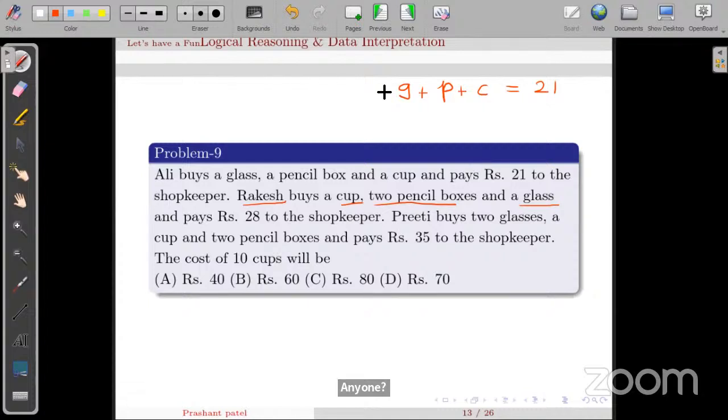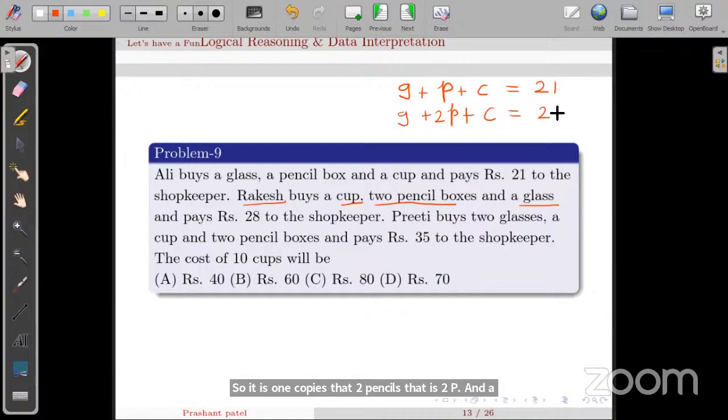C plus 2P plus G. Very good. So one cup is C, two pencils is 2P, and a glass, so plus G, and the total paid is rupees 28.